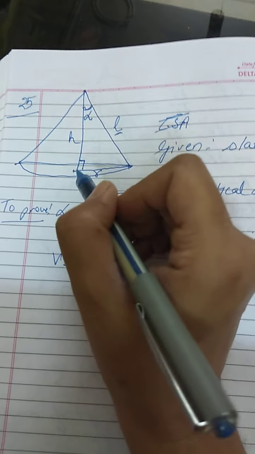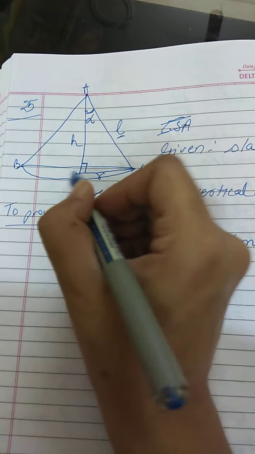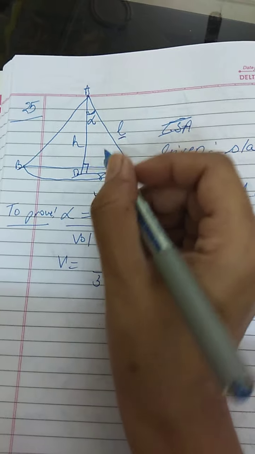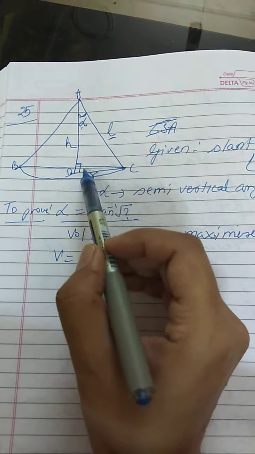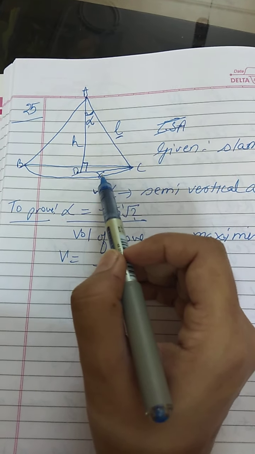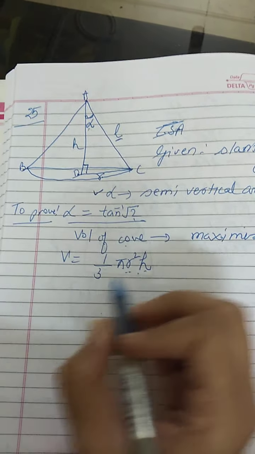So if this is the slant, this is the height or altitude of the cone, so this is making right angle triangle. If I mark it as A, B and C and let it be D, then this ADC is right angle triangle, semi-vertical angle is alpha. So I can say that perpendicular upon hypotenuse will be equals to sine alpha.